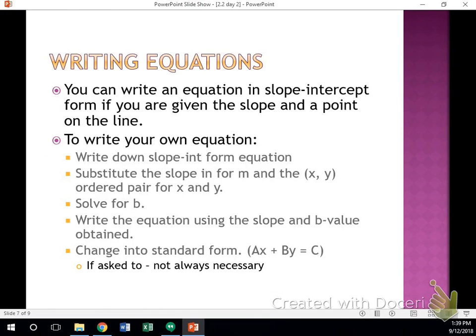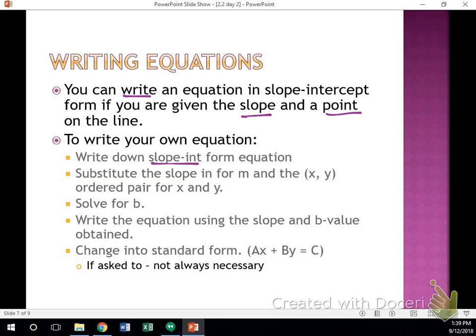Okay, more fill-in-the-blank directions. For writing equations, you can write an equation in slope-intercept form if you are given the slope and a point on the line. To write your own equation, write down the slope-intercept form equation.